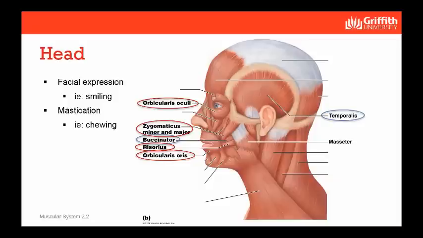Temporalis elevates and retracts the mandible during chewing, and is innervated by the trigeminal nerve, cranial nerve number 5. Lastly, but very importantly, is the masseter, a powerful muscle that stretches from the zygomatic arch to the angle of the mandible. The masseter elevates the mandible and is the prime mover for closing the jaw. It is also innervated by the trigeminal nerve.